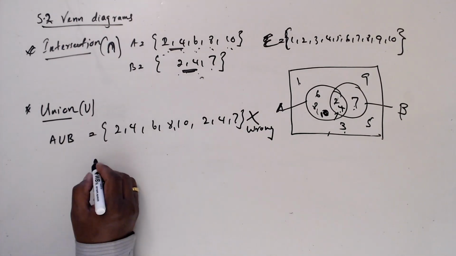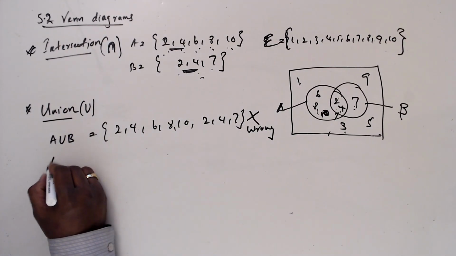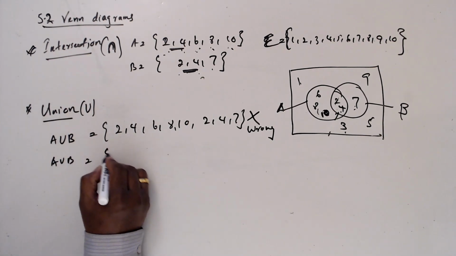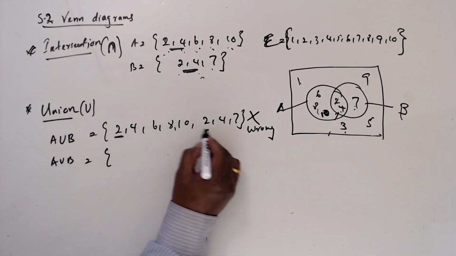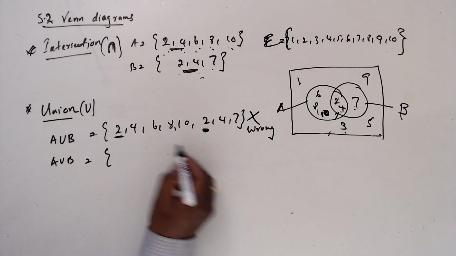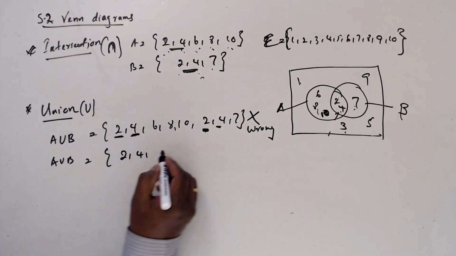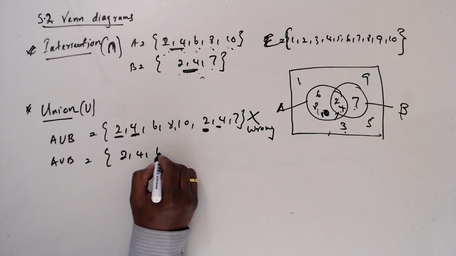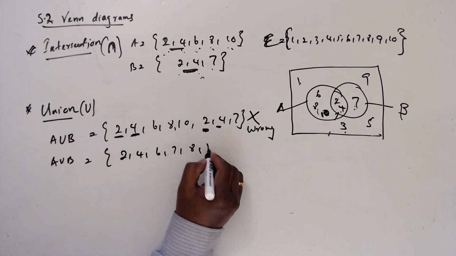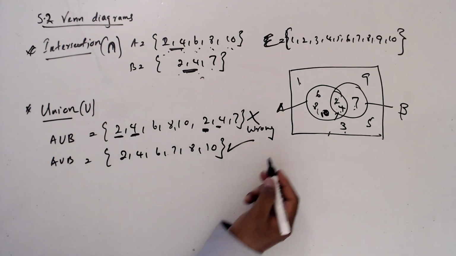Can you remember the London example? A union B, you can't write two together, only one 2 and only one 4. So the answer is 2, 4, 6, 7, 8, 10. This is the right answer.